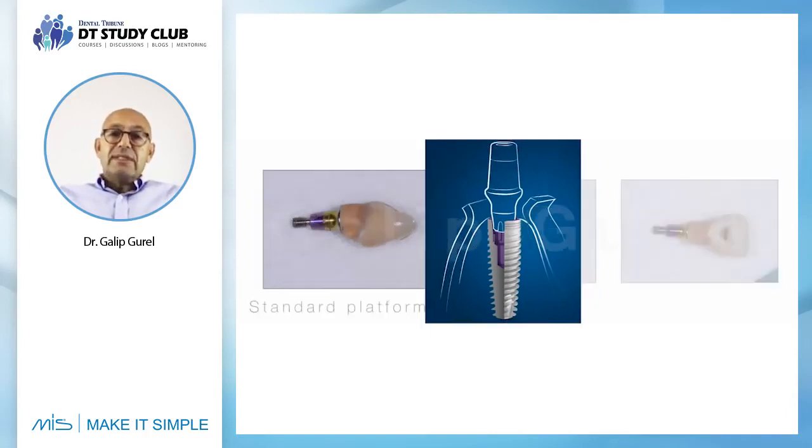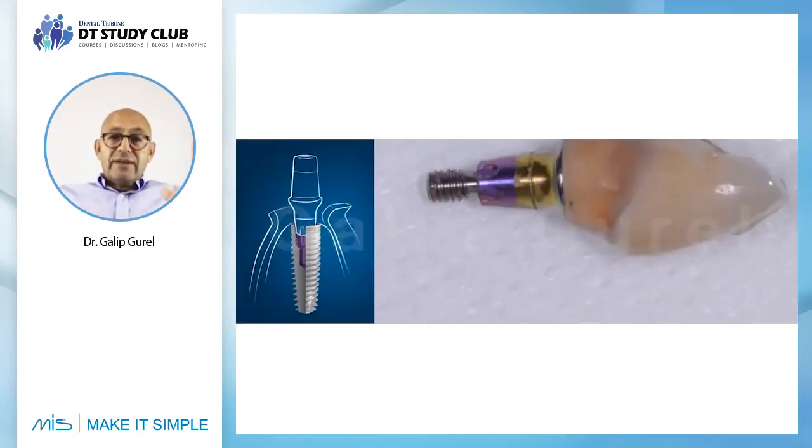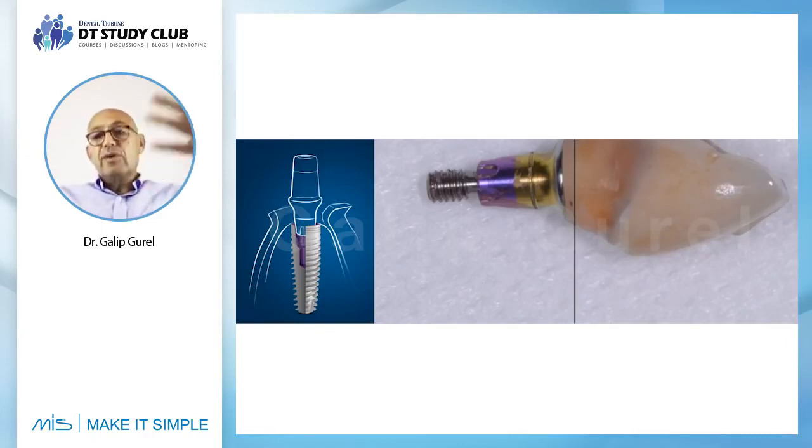And what happens here is that there are 3 important steps I need to take care of when I'm building the crown and connection of the emergence profile to the implant. So this is the zone that the provisional emerges from the implant surface, the platform.